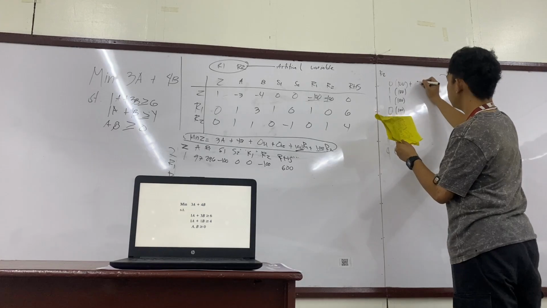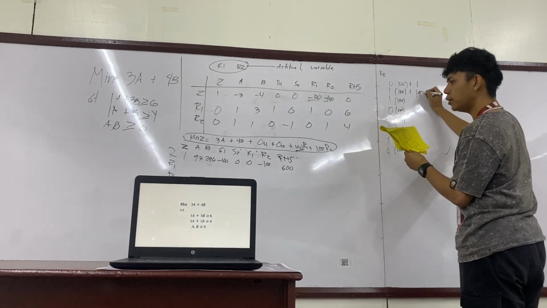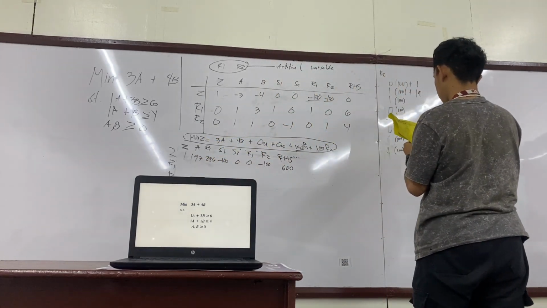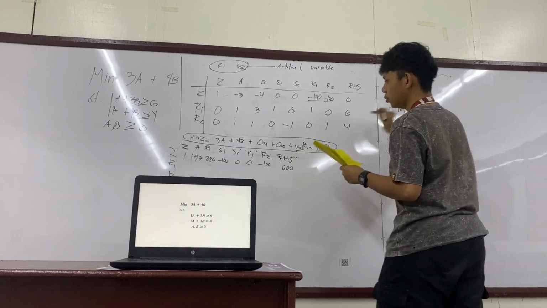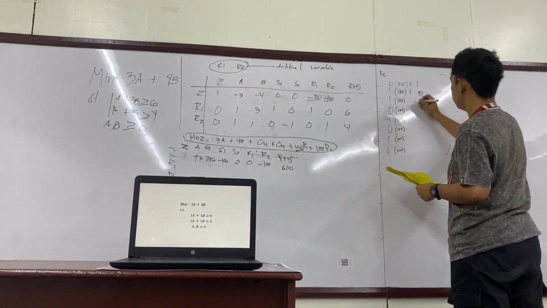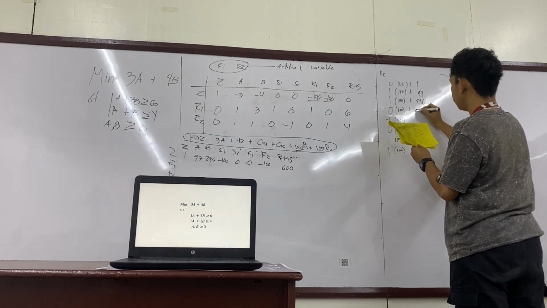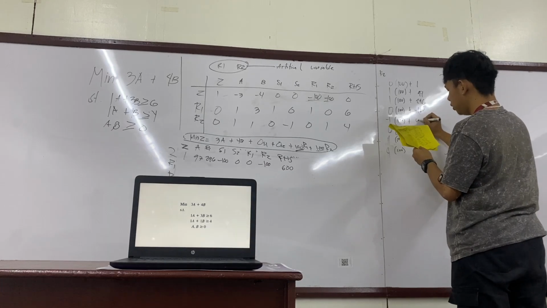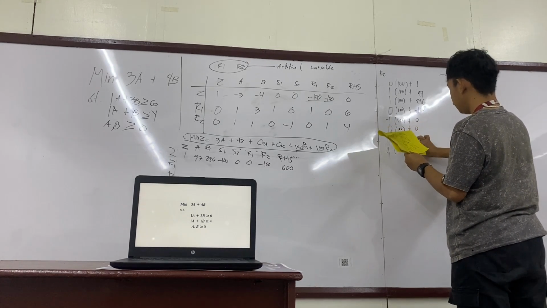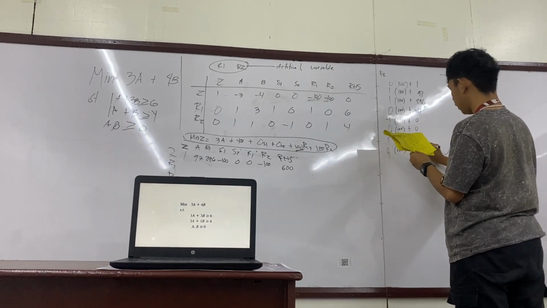So 1 plus 187. 1 plus 97 plus here 296. Here plus negative 100, 0 plus 0 plus negative 100, then plus 600.